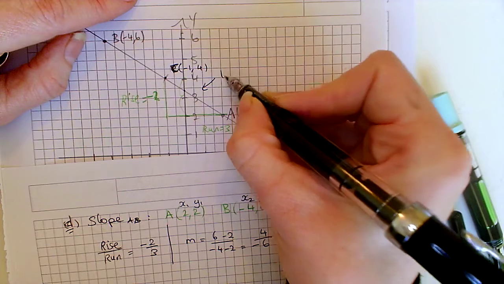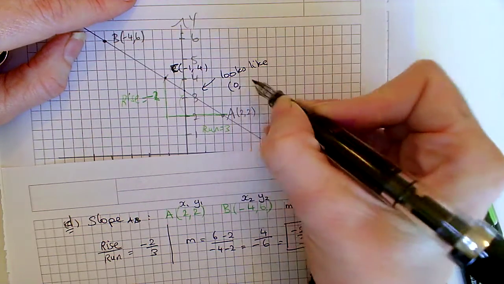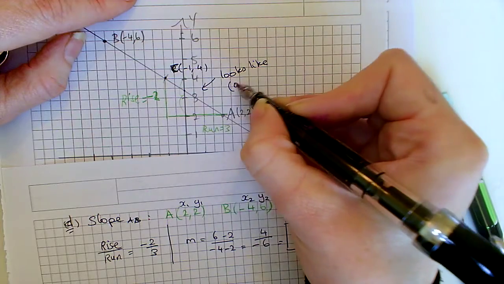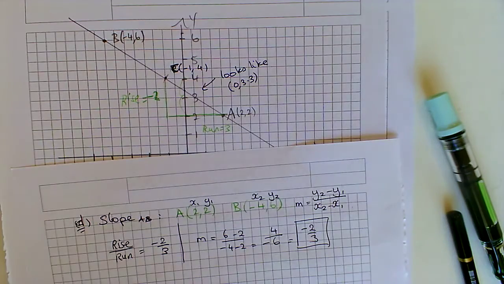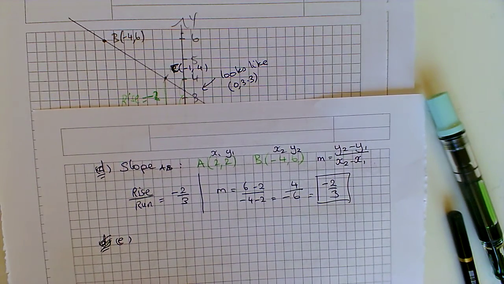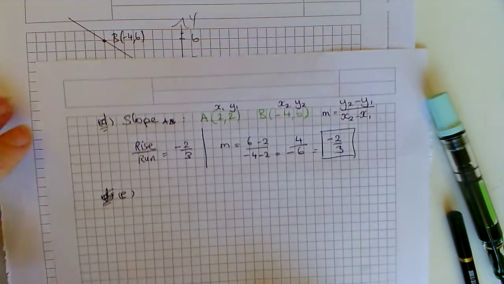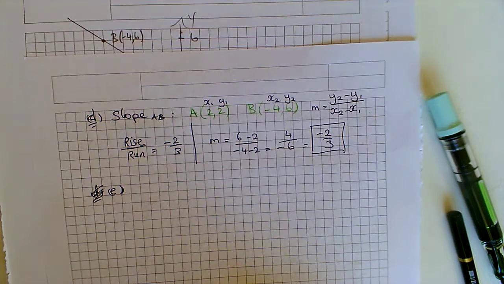So it looks like 0 for the x and 3.3. But that's not accurate and we won't get full marks because I don't know if that's 1/3 of the way through or 2/5 of the way through. I'm not entirely sure. So how do you find the coordinates of where something cuts the y-axis then?